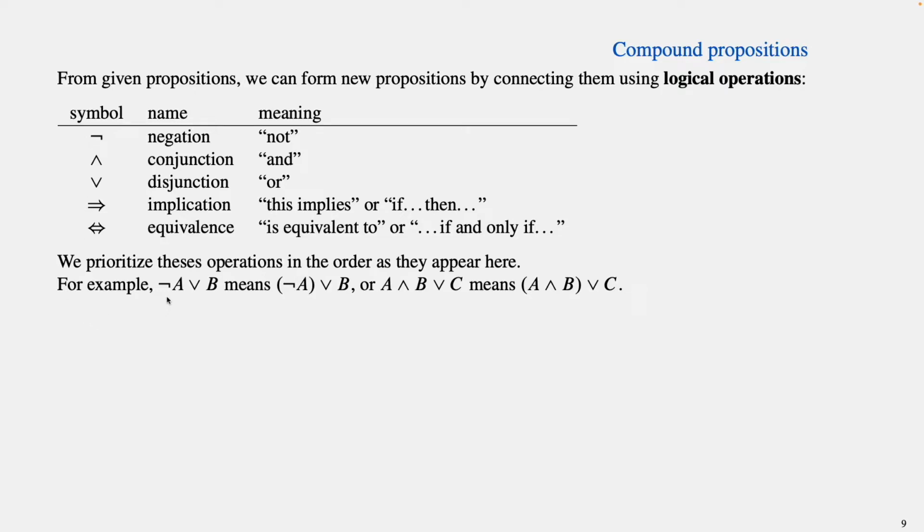For example, if I write not A or B, then this means not A evaluated first, indicated by the parentheses, and then what comes out here, or B. Or if I write A and B or C, because the and has a higher priority than the or, this means, in parentheses, A and B, and whatever comes out of this, or C. And we can use parentheses, as you would expect, to change or emphasize the order of operations.